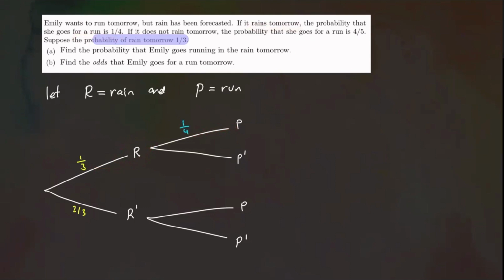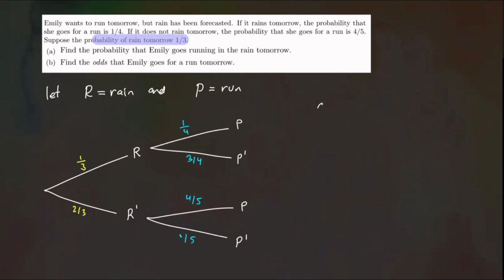Then I know the complement has to be 3/4, because the sum of these two probabilities should be 1. Then the next part, we're given that if it does not rain tomorrow, so we're right here, the probability she goes to run is 4/5. So this is going to be 4/5, which means the complement has to be 1/5. All right, so that completes the tree diagram based on the problem.